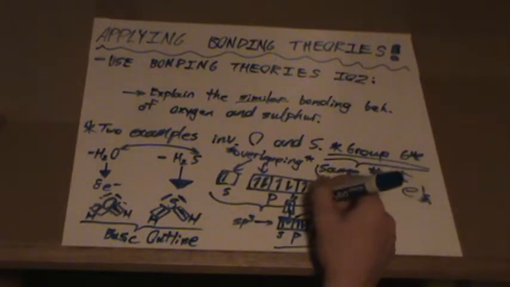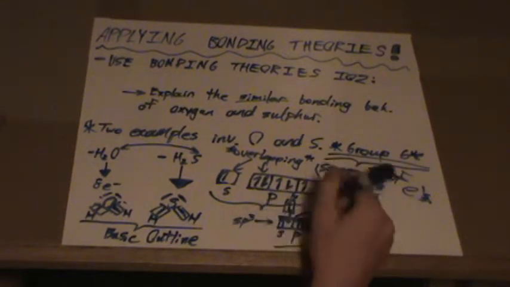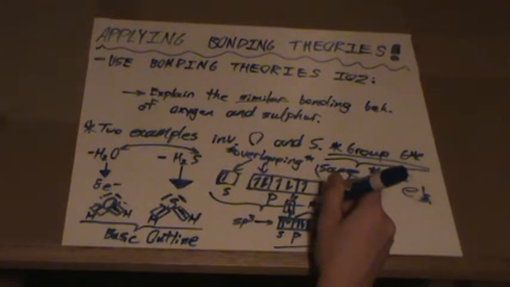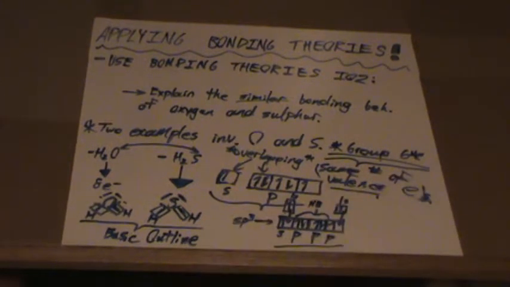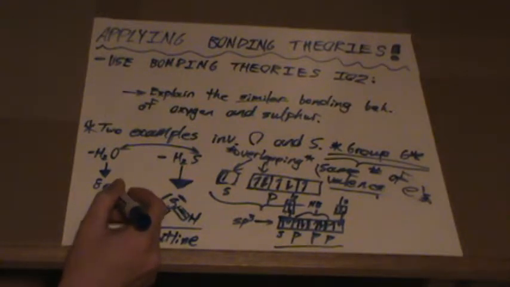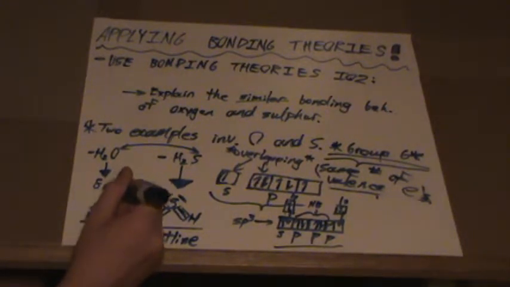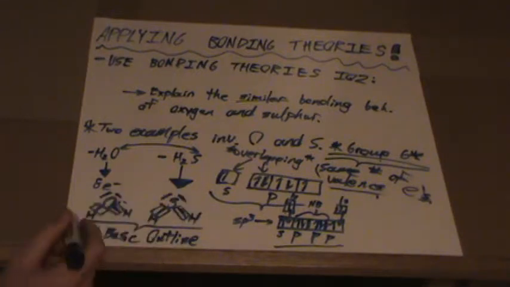So non-bonded, NB. And what they appear as are lone pairs. And that is why in both of these molecules, this O and S both have two lone pairs attached.